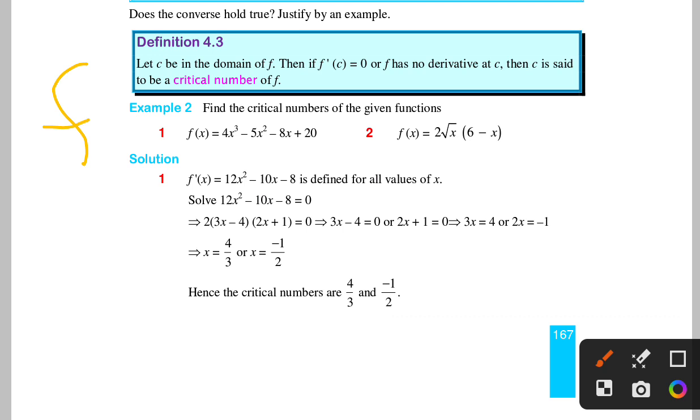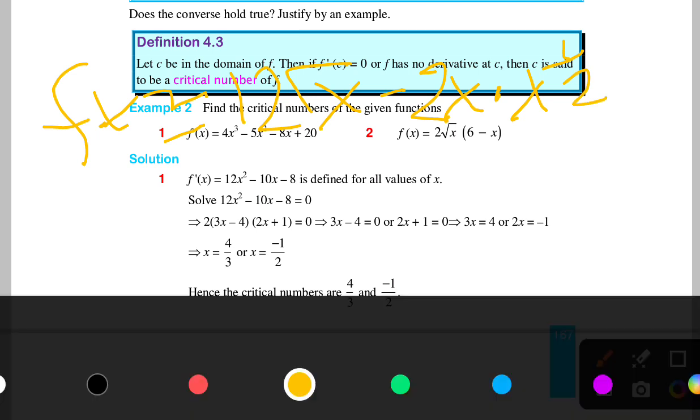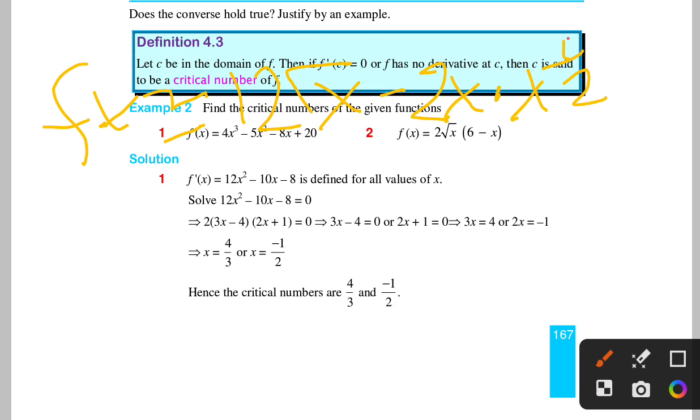F of x equal to we got 12 radical x minus 2x times x raised to 1 over 2. This is the power or raised in power.